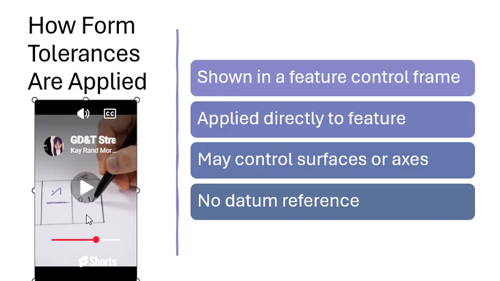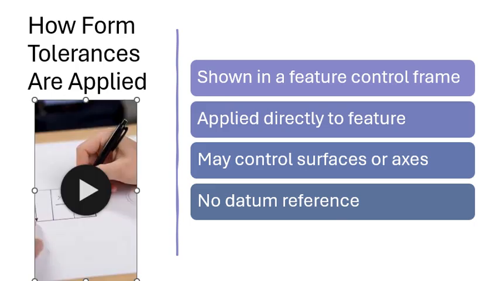The second compartment contains the tolerance zone measurement, which is 0.1. They may control the surfaces or axis. So there's no datum reference, because we're not measuring the size of any of the features on that part. We're just looking at the shape of the part, and making sure the shapes are in good shape.